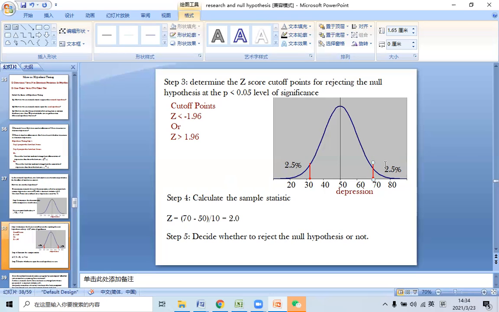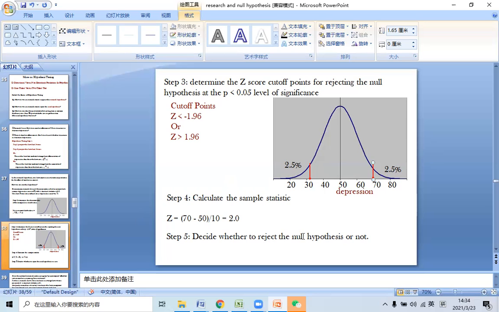It looks too extreme. So extreme, this has really less than 2.5% probability of being observed on the normal distribution. And then I'm ready to reject the null hypothesis. You decided to reject the null hypothesis.